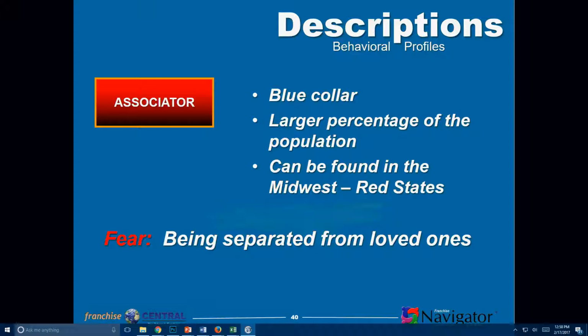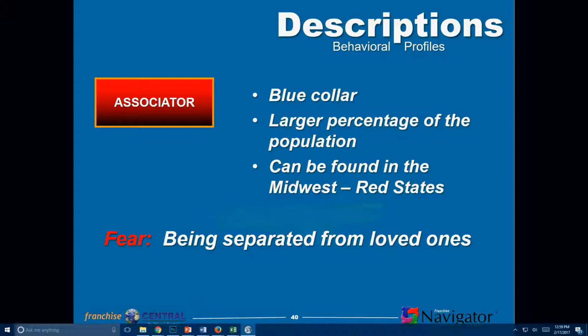And if you go back and look politically at how politicians win, they don't talk about religion or safety and security in the blue states. They do that in the red states. So the fear of the associator is being separated from loved ones, because their value system is to be part of something.